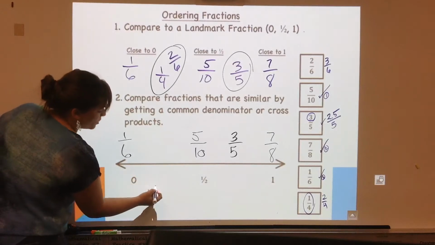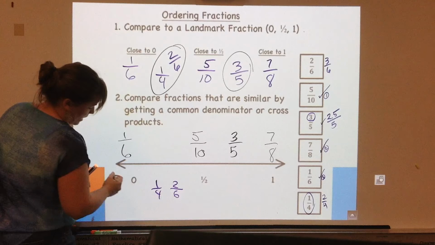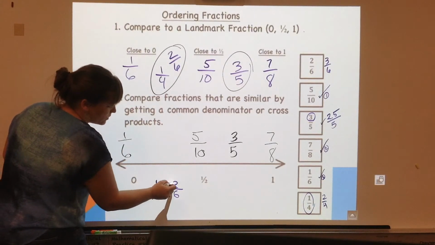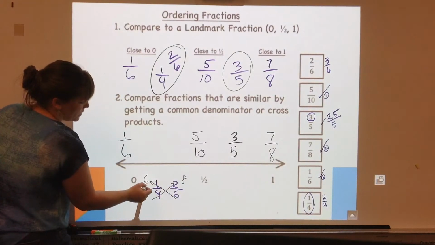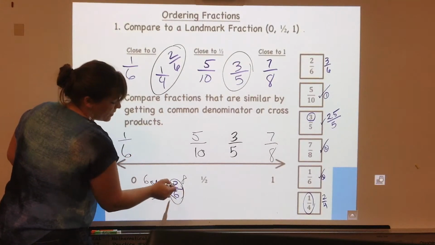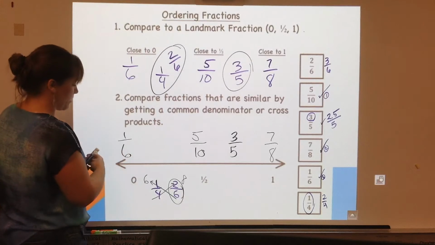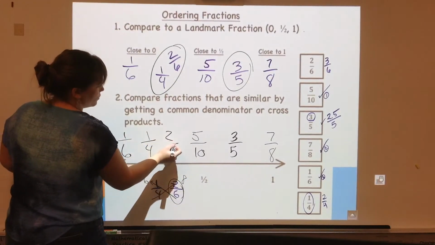So down here I'm going to rewrite 1/4 and 2/6 side by side so I can do that cross product trick again. 4 times 2 is 8, 6 times 1 is 6. The 8 is bigger, that means 2/6 is bigger than 1/4. Now I can place them on my number line, 1/4 and then 2/6.